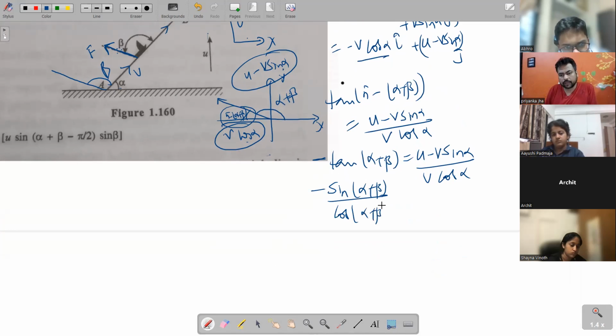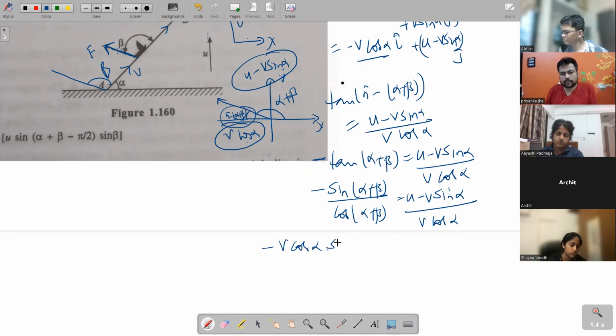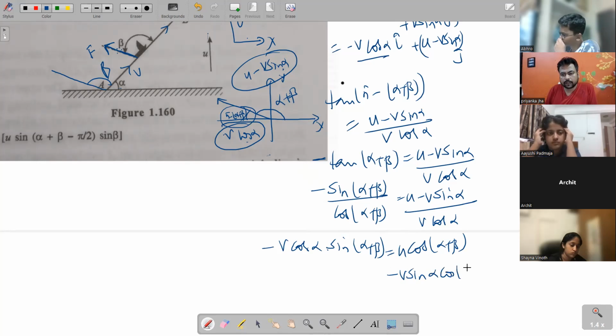Now this is trigonometry only. Cross multiply: minus v cos alpha sin(alpha plus beta) equals u cos(alpha plus beta) minus v sin alpha cos(alpha plus beta).